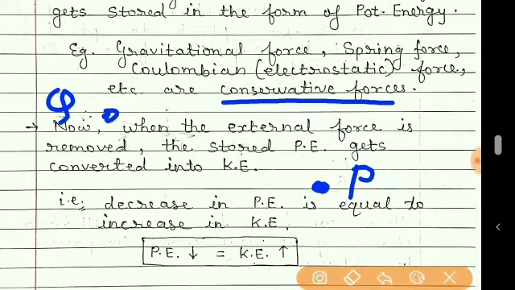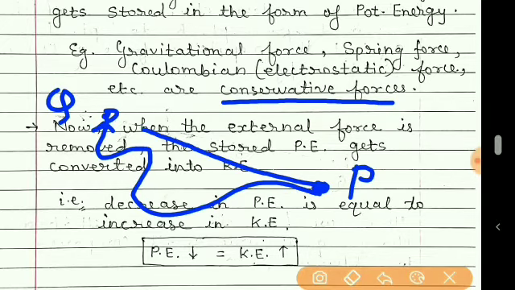So if we move any particle from point P to Q, there are many paths to move that particle from one point to other. We can move zigzag, we can move straight, we can move in a curved path.